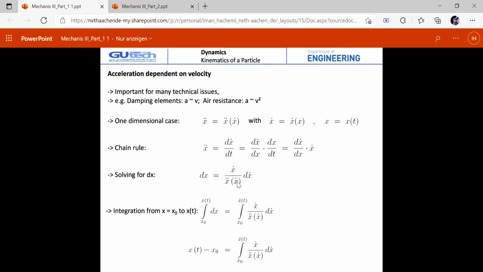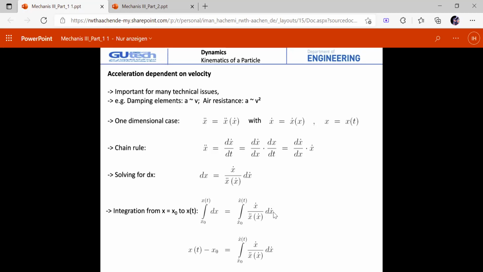And of course, as we said, x dot dot, the acceleration, depends on the velocity. Now, if we integrate from a certain initial position x0 to the actual position xt, then we have the integral of x equal to the integral of this ratio with respect to the velocity.